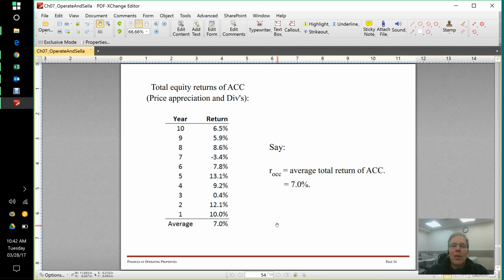And the one thing I want to point out here is, as I've said before, the further we go into finance, the worse our models get, right? With our opportunity cost of capital here, we're assuming we're going to get 7% a year. And you can see that for these guys, they get sometimes 6.5, sometimes 6, sometimes even negative, sometimes much bigger than that.